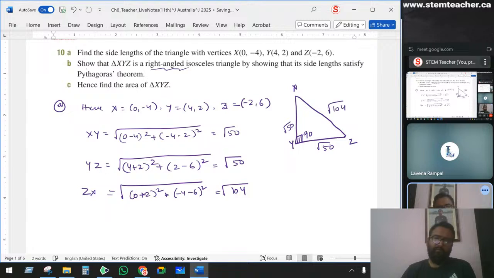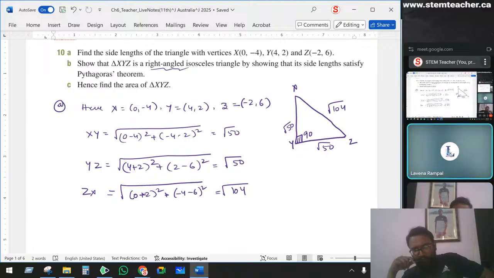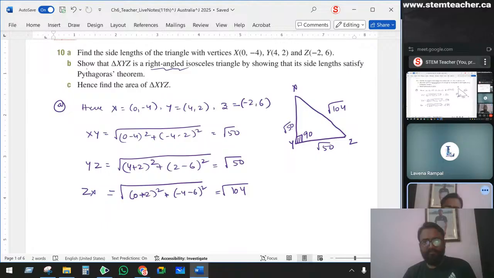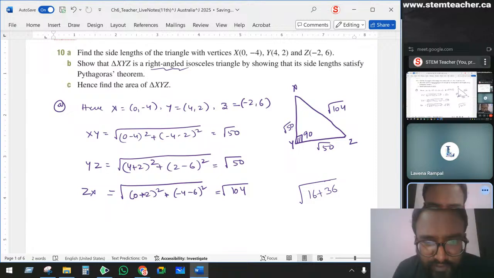According to the Pythagoras theorem, but I'm getting 100 only, no? That is a problem. Where am I making the mistake? 16 plus 36 is 52.